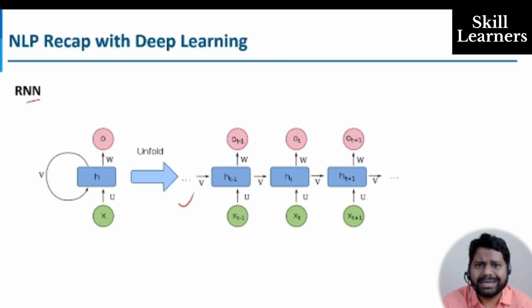Now let's take an example of text data. Suppose you are watching Marvel series movies. In the Avengers series, based on what happened in the last season or the last movie, you can understand what is happening in this situation.